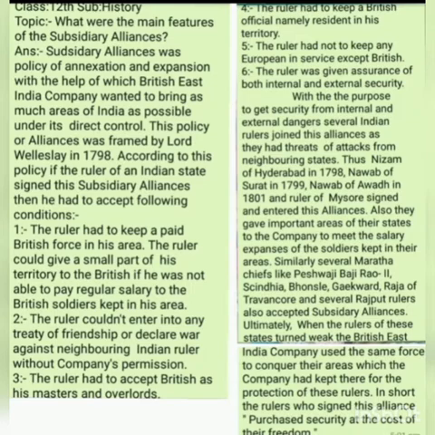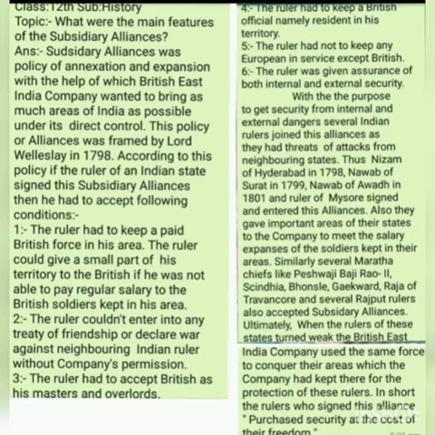Therefore, when the British East India Company assured the ruler who signed this alliance that he would be given protection from all internal and external dangers, this feature prompted the Indian rulers to sign it and get freedom from all insecurities and attacks from their neighbors or from outside. So a number of Indian rulers signed this alliance.